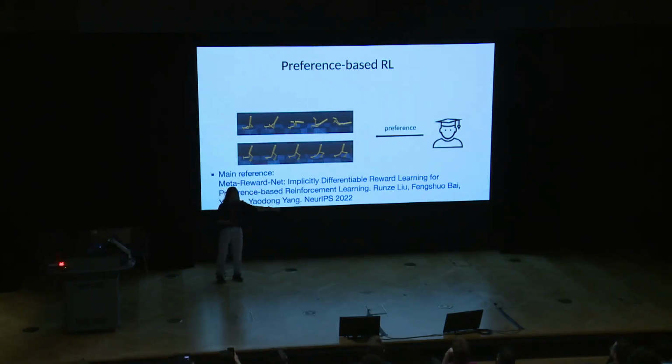We ask a human which one they prefer, and the human would say, okay, we prefer this one, because it is more balanced. Then we no longer need the reward signals from the environment, but based on the human's preference, we could try to reconstruct some kind of reward predictor.